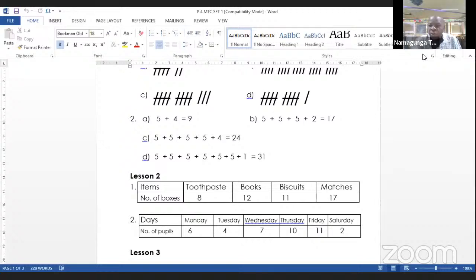Namayanja, I'm not getting your question. Okay, we continue now. Anyone, if you've not got a clear illustration of how we draw the table, please, you can ask me a question and I help you to answer that.